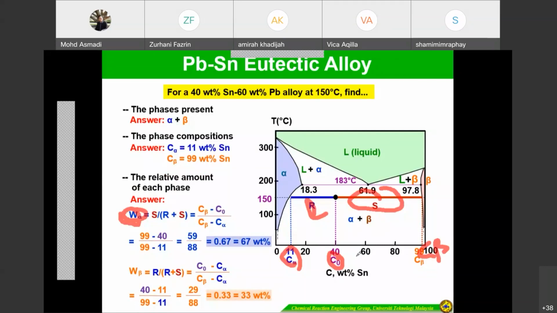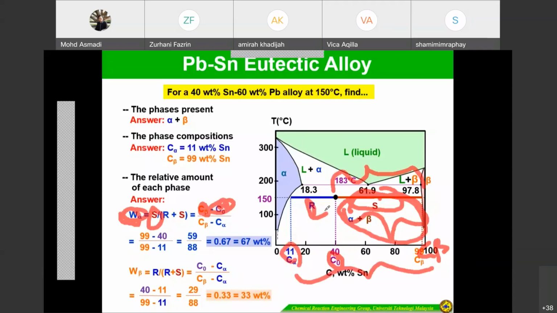Sorry, we want S. So S is C beta minus C naught, so that we get this area, divided by the total line.